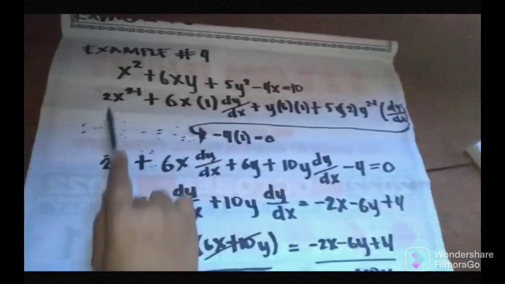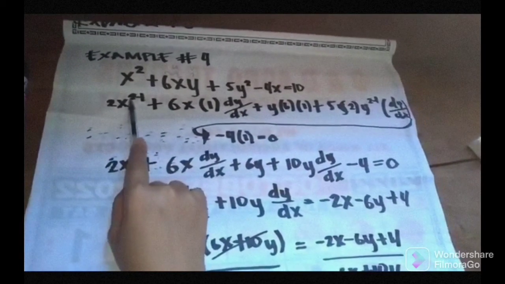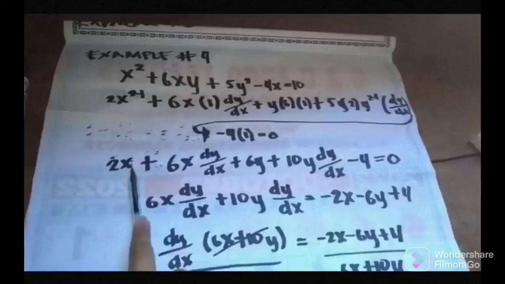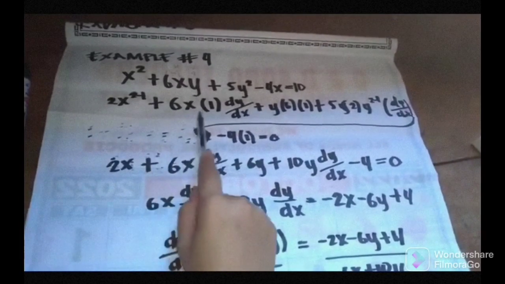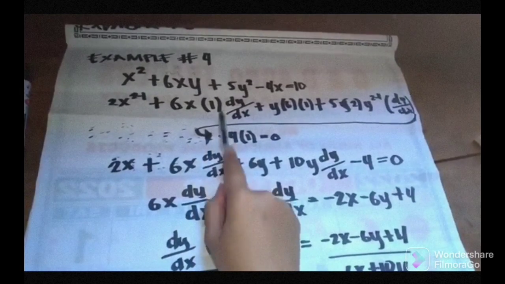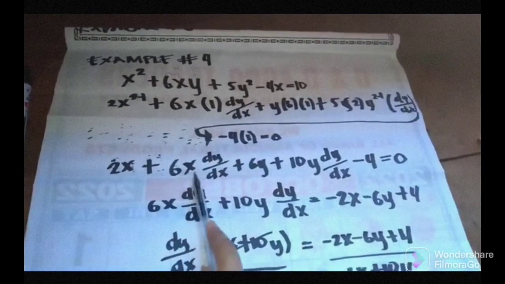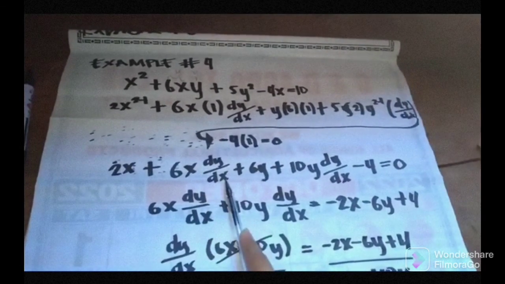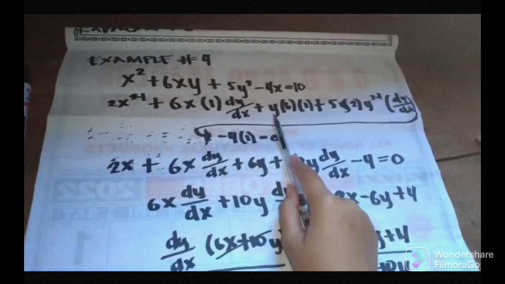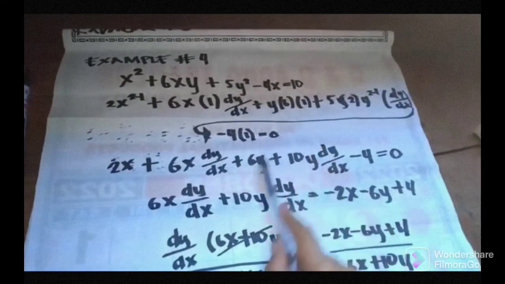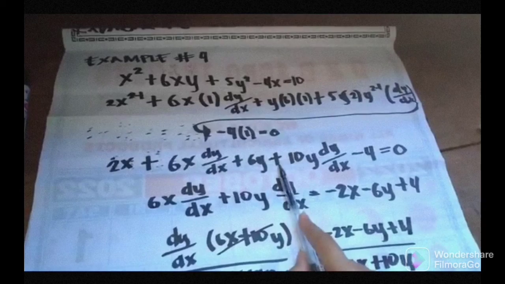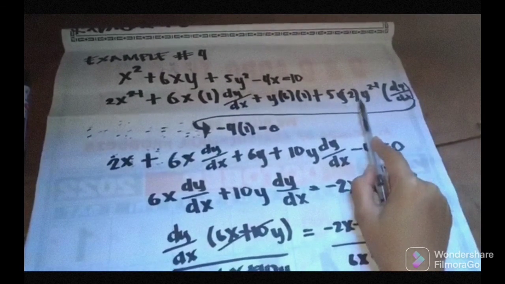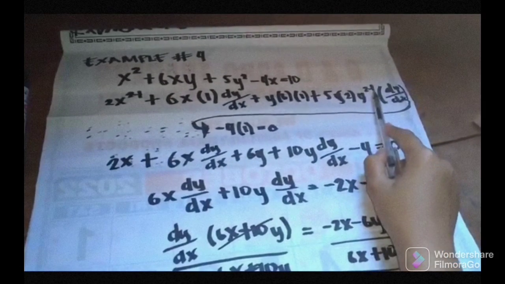So 2x to the power of 2 minus 1 is equals to 2x, plus 6x times 1 is equals to 6x times dy over dx, plus y times 6 times 1 is equals to 6y, plus 5 times 2 is equals to 10, and 2 minus 1 is equals to 1.